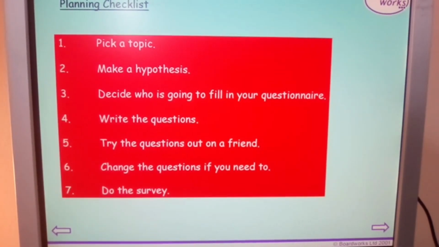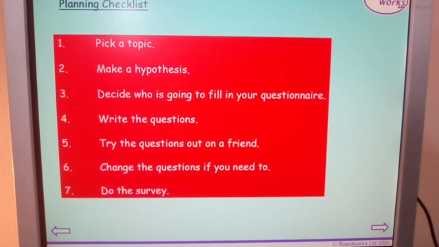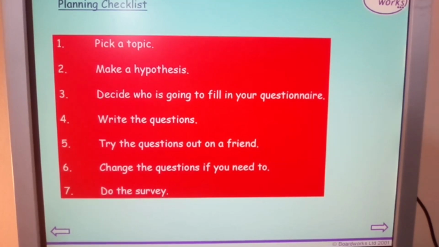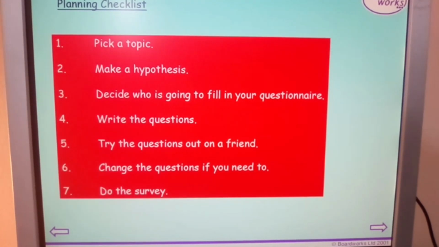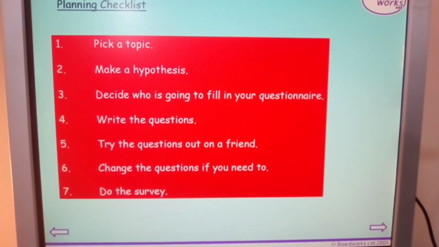Planning checklist. Pick a topic, make a hypothesis, decide who is going to fill in your questionnaire, write the questionnaire, write the questions, try the questions out on a friend or the class, change the question if you need to, do the survey.